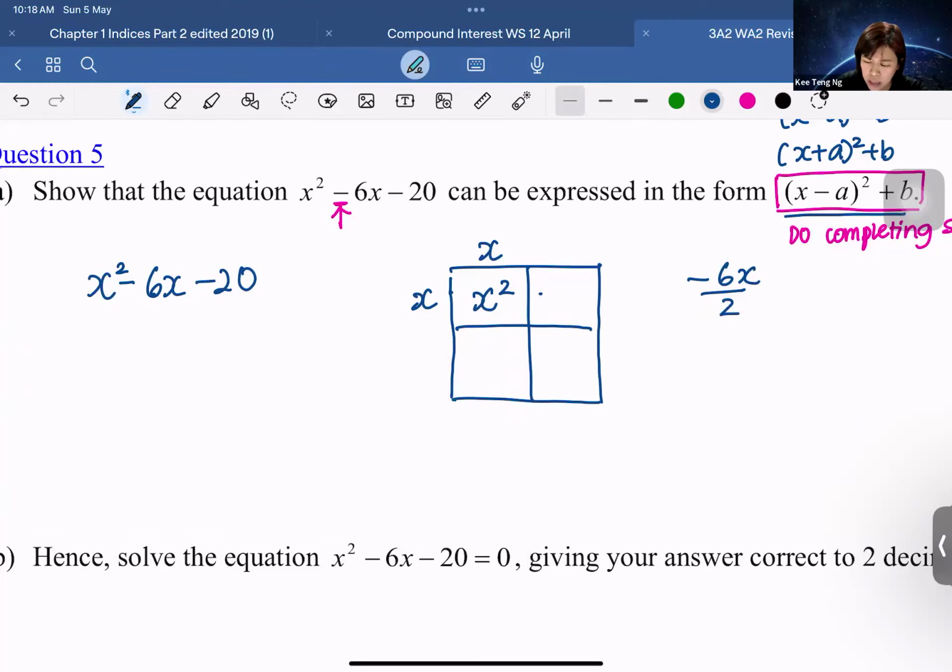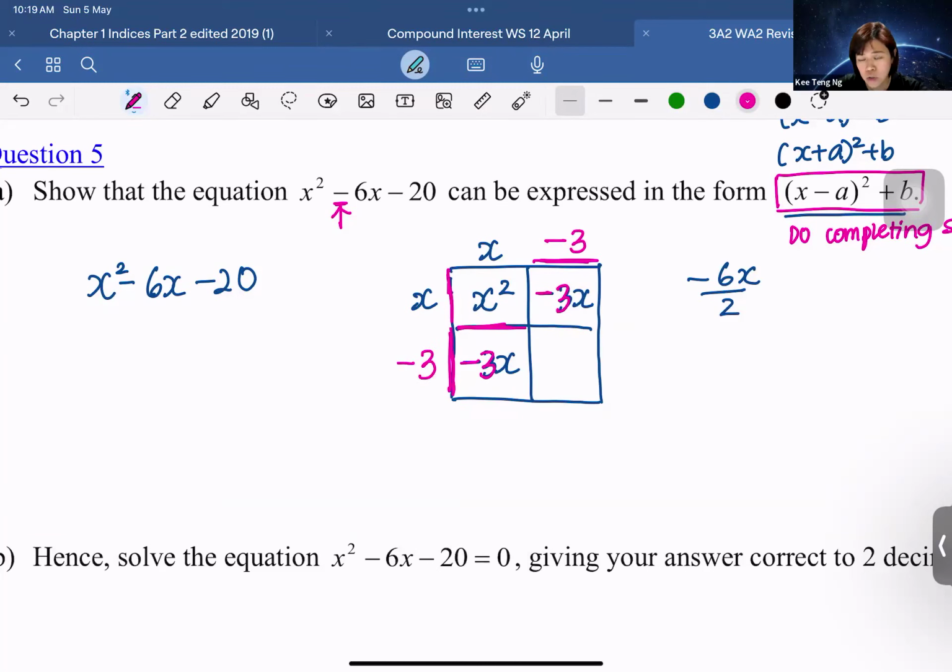That will give me -3x over here, -3x over here. Then I need to think what number times x can give me -3x. The number will be -3. Similarly, what number times x can give me -3x? The number will be -3.